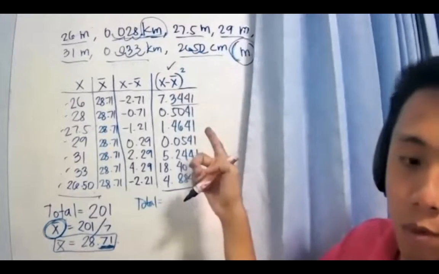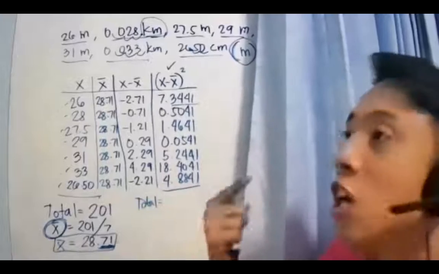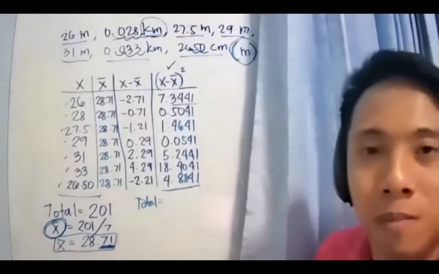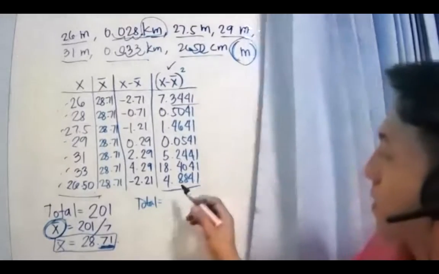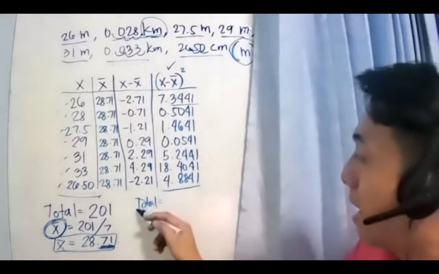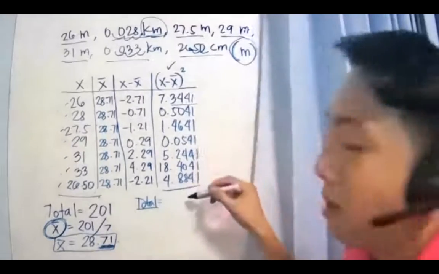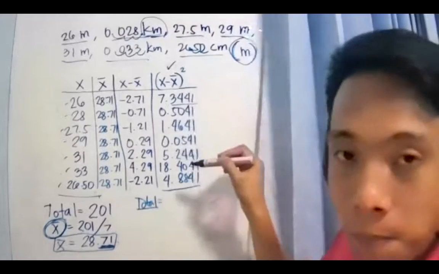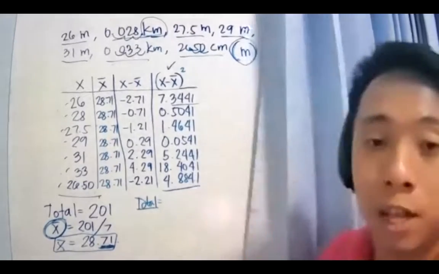Now we will move on to our sixth step. We will find the total. Okay, we will add all these numbers. So if we will add them, pahaba-haba to.